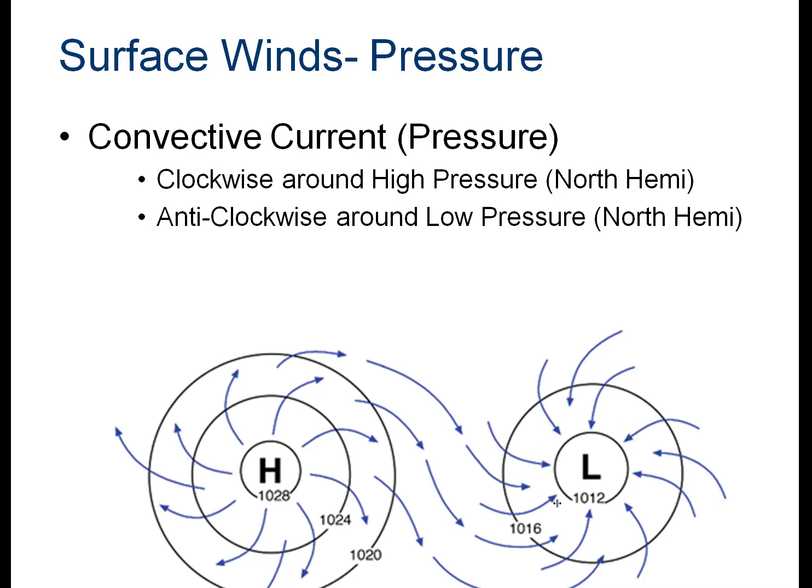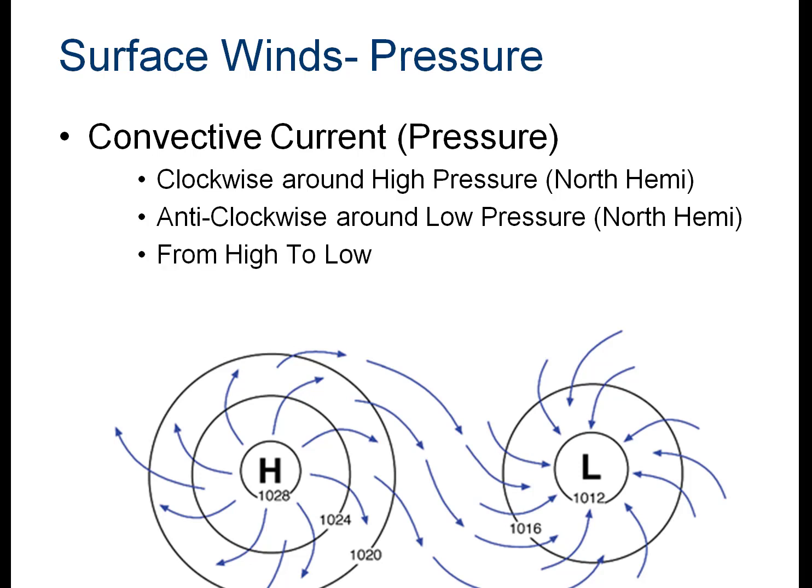So when we look at these pressure isobars, these can tell us the way our winds are going. Our winds are approximately flowing on that pressure isobar in a clockwise manner, and approximately on this pressure isobar in an anti-clockwise manner. So that's how we predict our winds.